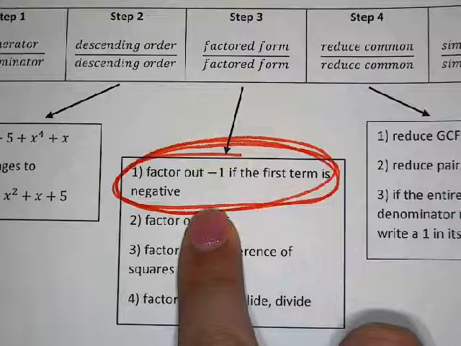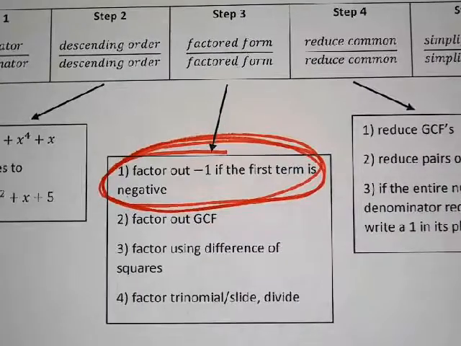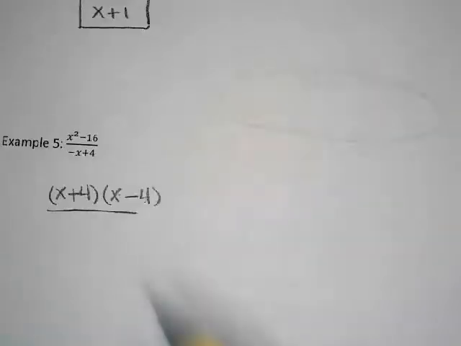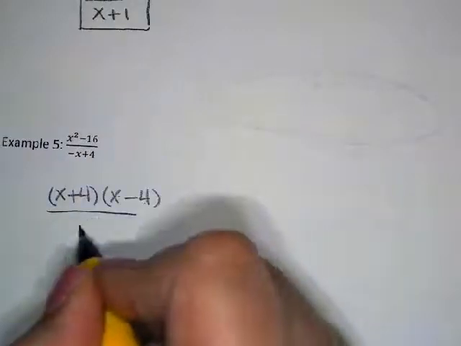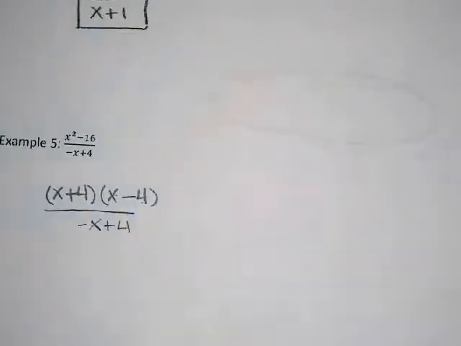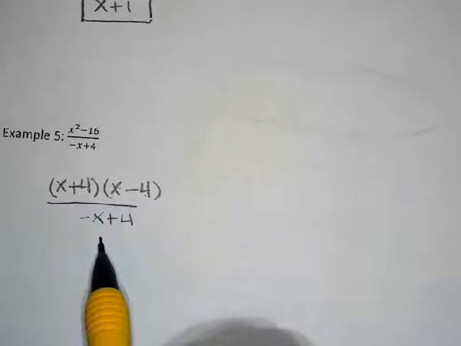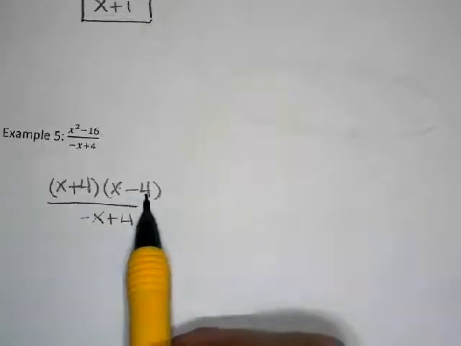Okay? So what we're going to do is go back to that part on the bottom, because if we were to do this right now, we would write -x plus 4, and we would say, oh, nothing cancels. Nothing's the same. We have an x plus 4 on the top, but we have a -x plus 4 on the bottom. We have an x minus 4 on the top, but we have a -x plus 4 on the bottom. Nothing would cancel.